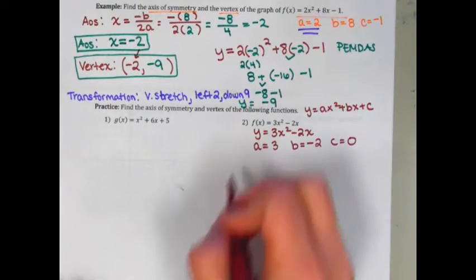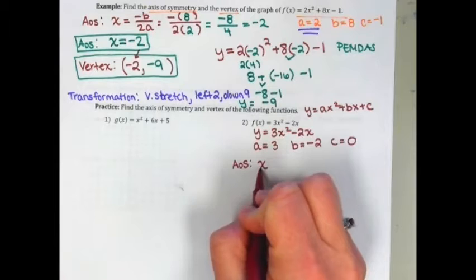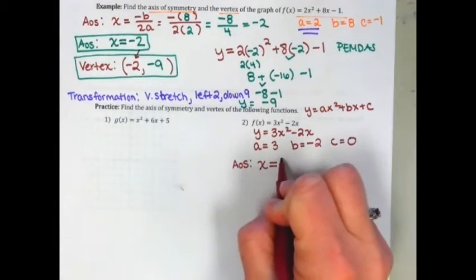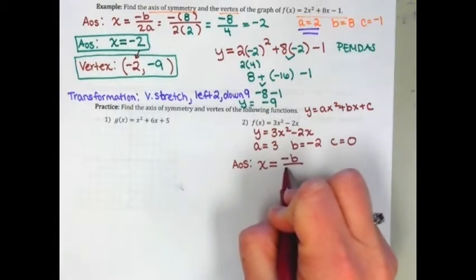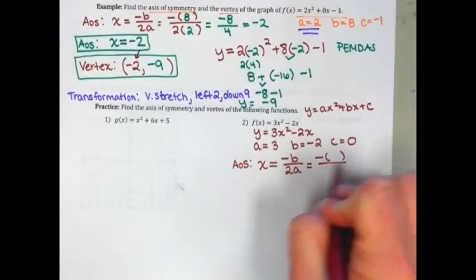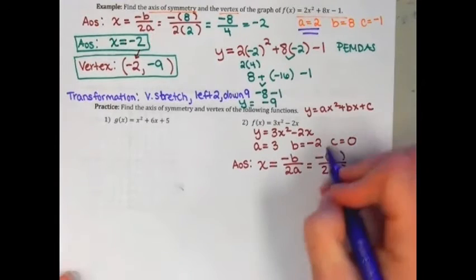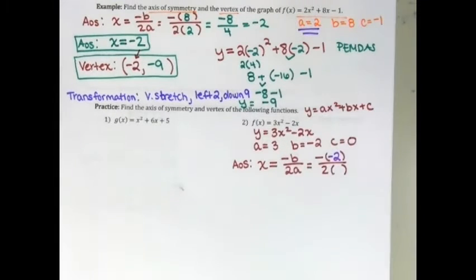So let's find our axis of symmetry first. And how do we find the axis of symmetry? X equals -b over 2a. So -b over 2 times a. So what is replacing my b? -2. Don't lose negatives, right?